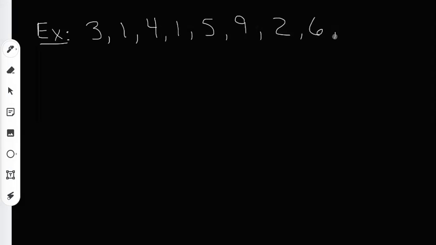Okay, so what's an example of a sequence that doesn't show a pattern? Let's look at this one. One of them would be 3, 1, 4, 1, 5, 9, 2, 6, and so on.